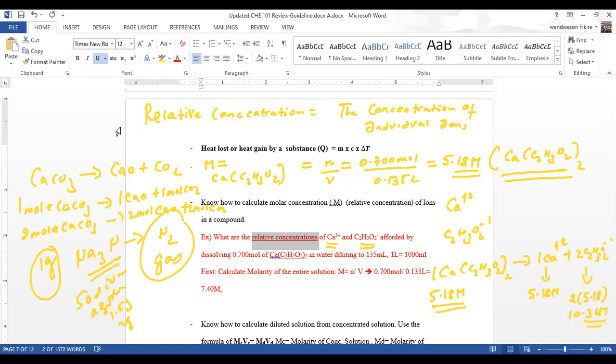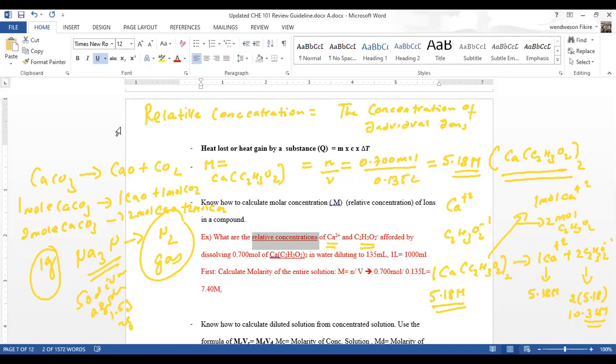So we're not balancing the equation here, Abimola. We are looking at 1 mole of calcium acetate generating 1 mole of calcium ion and 2 moles of acetate ion. That's how the ratio is.